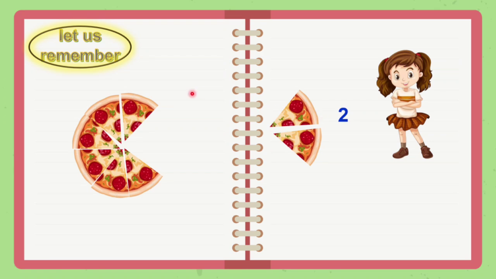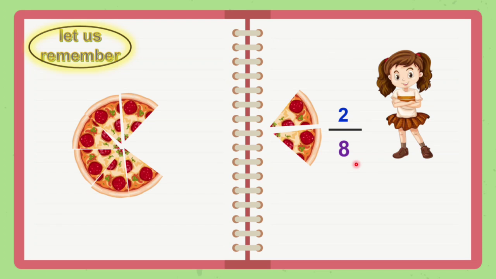And how many pieces is the pizza cut into? It's cut into 8 pieces. That's right. And we will put a fraction bar between them. 2 eighths. Let's read together: 2 eighths. So we represent the number of parts as a fraction in the form of 2 over 8, or 2 eighths.